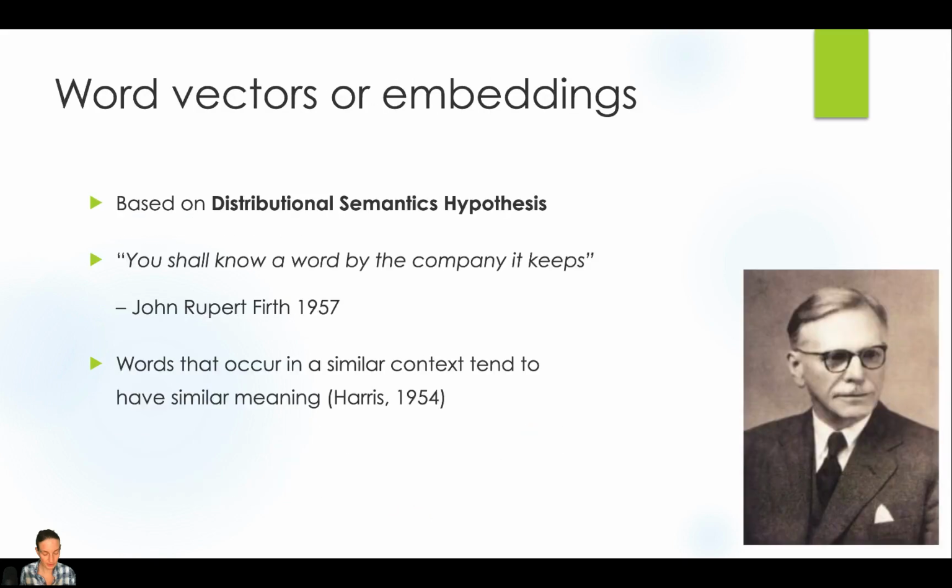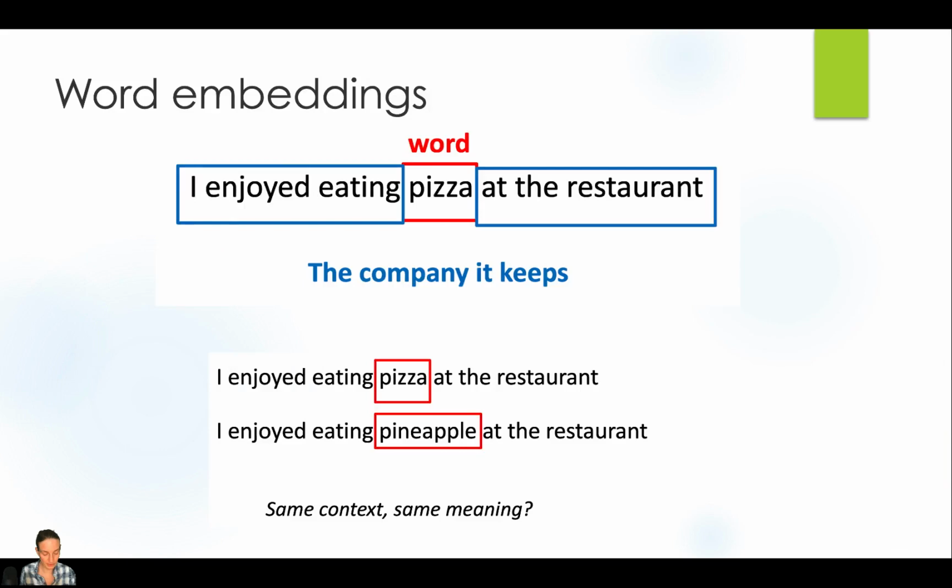So word vectors are all based on something called the distributional semantics hypothesis. This is defined as, you shall know a word by the company it keeps. John Rupert Firth made this hypothesis in 1957. What does it mean? Words that occur in a similar context tend to have a similar meaning. I enjoyed eating pizza at the restaurant.